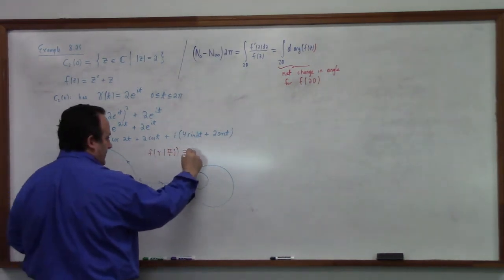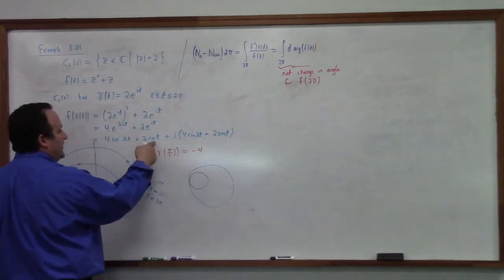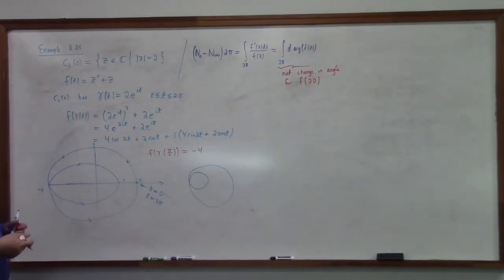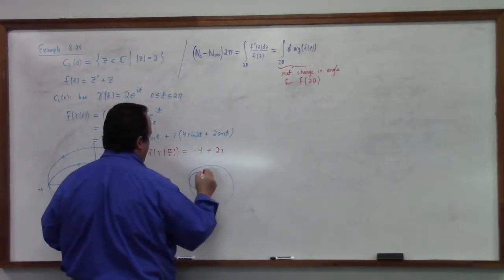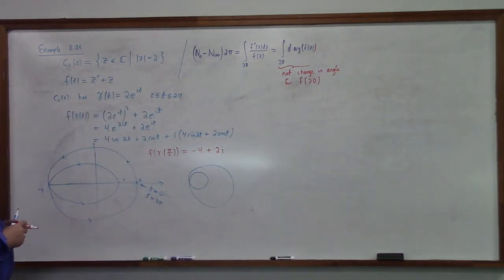So that's -4. But you agree the cosine is 0. The sine of 2t is also, that's sine of pi. You get minus 4 plus 2i, wait, so minus 4. So my picture isn't quite right, is it?